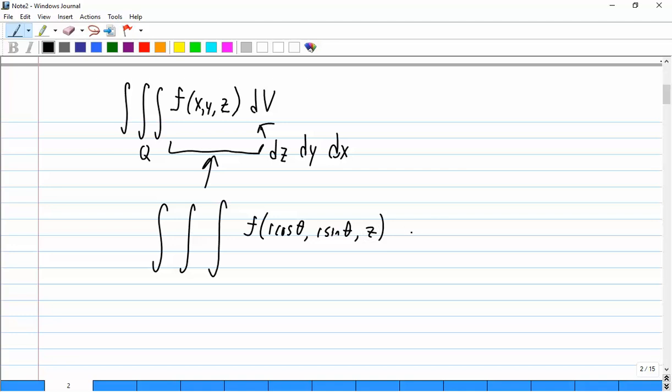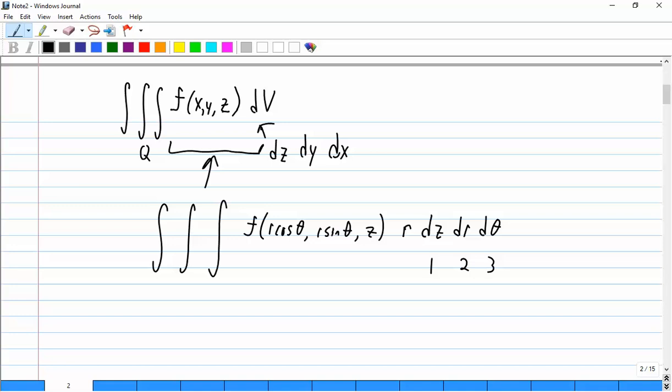And our differential changes to, just like with polar, where it's r dr d theta, well, since z equals z, it's r dz dr d theta. And that r is like an r to the first power. Since there are 3 of those differentials, there are 6 different orders that we could put this in, but most of the time, we'll just leave it in that order.